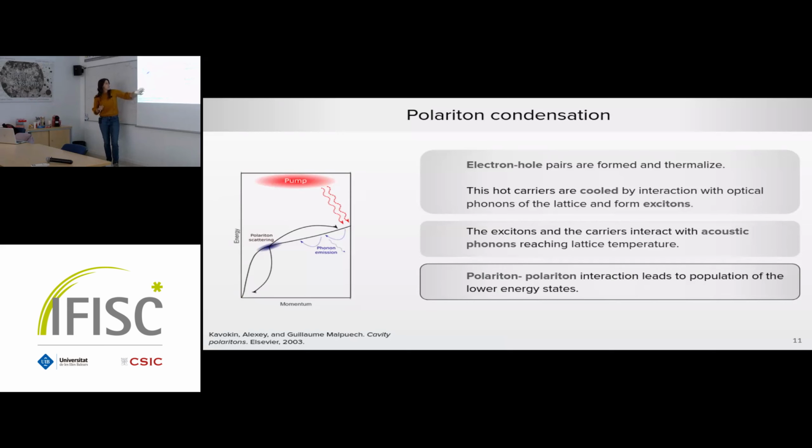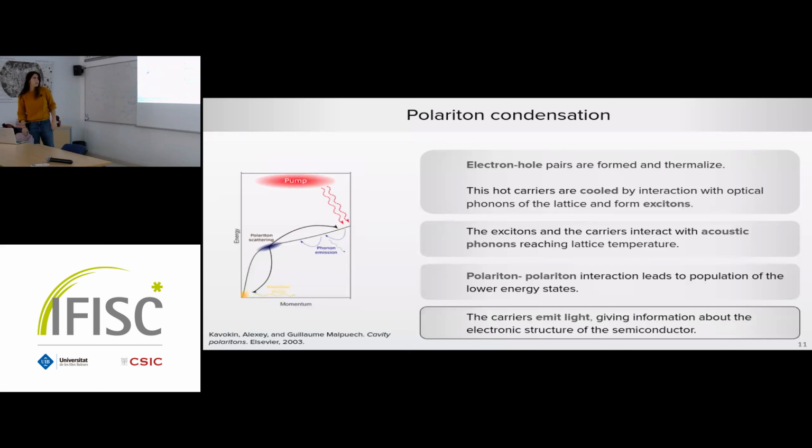And there is radiative decay here because it's more photon-like. And if this scattering can overcome the radiative decay, you have the condensate. And of course, the radiative decay is important because that's how we get information of what's happening. We have the microcavity and we're measuring the light that comes out of it.